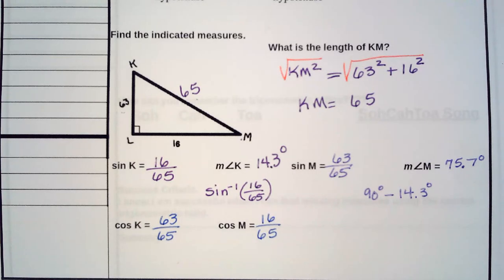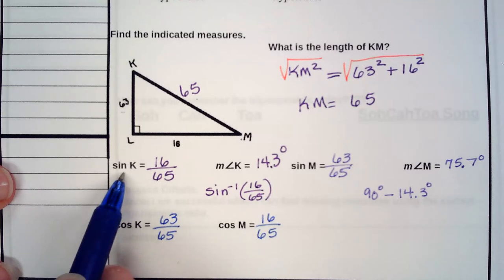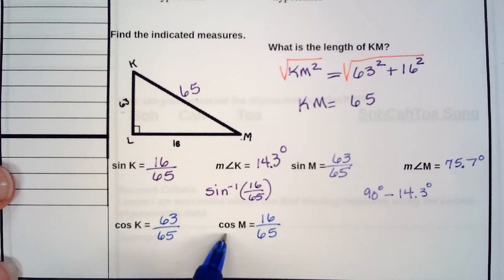Okay, now take a minute and look at what happens. The sine of one angle is the cosine of the other. The cosine of this angle is the sine of the other.